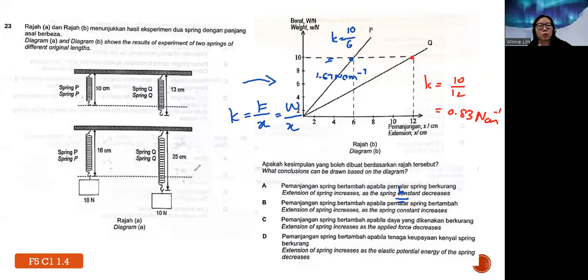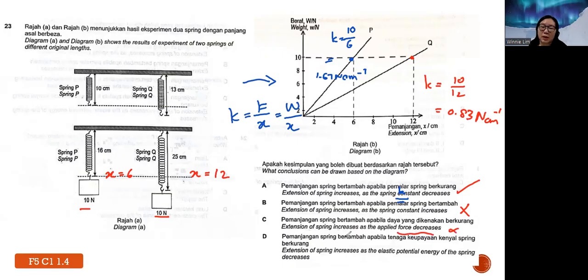From 13 to 25, your extension is 12. This one, your extension is 6, with the same load. So actually, this is the correct answer already. Now, extension of spring increases, spring constant increases, cannot. Extension of spring increases as the applied force decreases, but the applied force is the same. So this one is also wrong.